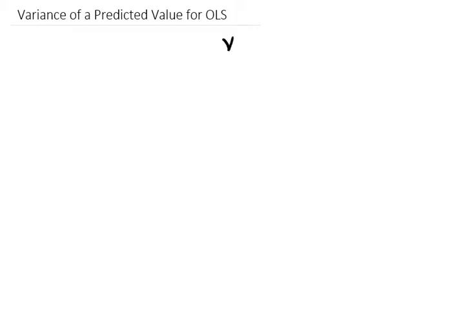Right now we have the dependent variable y, which is an n by 1 vector, and we are assuming it's normally distributed with mean x times beta, where beta is a p by 1 vector and x is an n by p matrix.